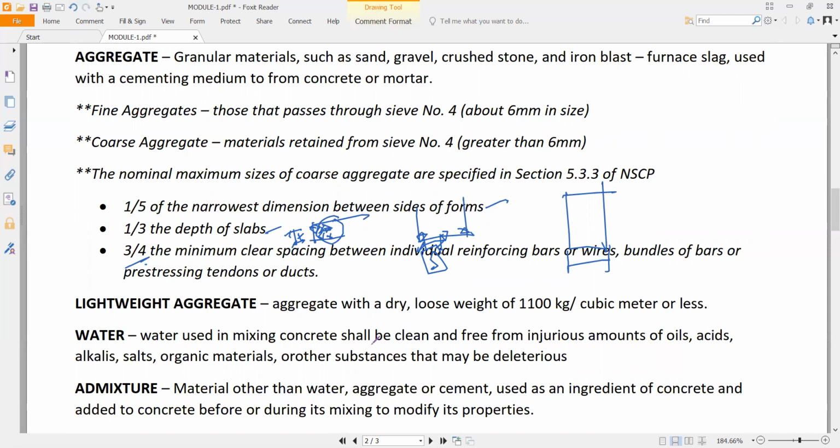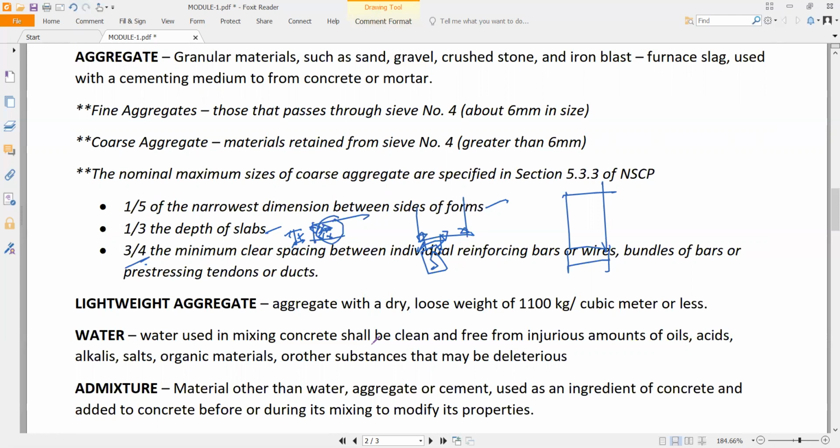Okay? So, the water, yung water na ginagamit natin in mixing in concrete shall be clean, free from injurious materials such as oil, acids, alkalis, salt, organic materials, or other substances that may be deteriorated. Yung water natin dapat clean. Bakit meron tayong specification that it has no salt and acid?